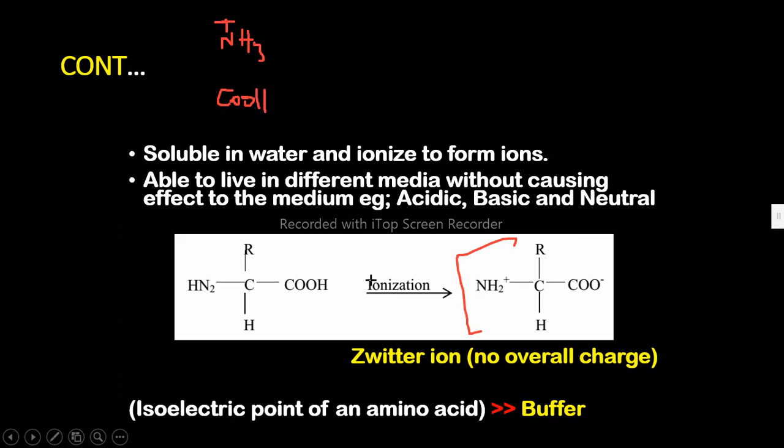So this compound, this amino acid, is going to act as a buffer, or it is going to buffer a given solution to resist changes in pH when a little acid or a little base is added.